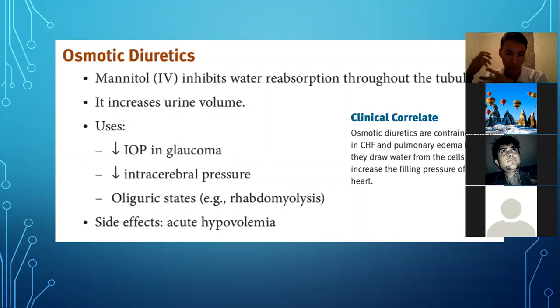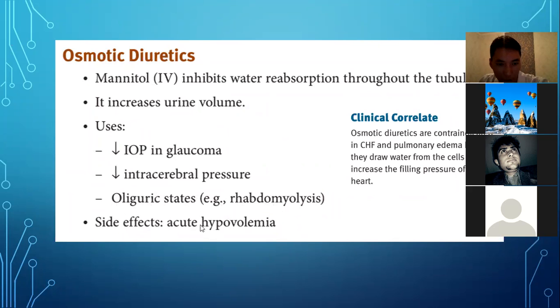As you know, the color of Coca-Cola is really dark, and when they urinate, they will see a really dark color of the urine. This is called rhabdomyolysis. For its treatment, an osmotic diuretic like mannitol is used.